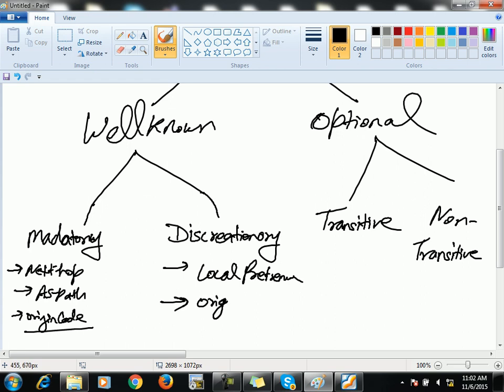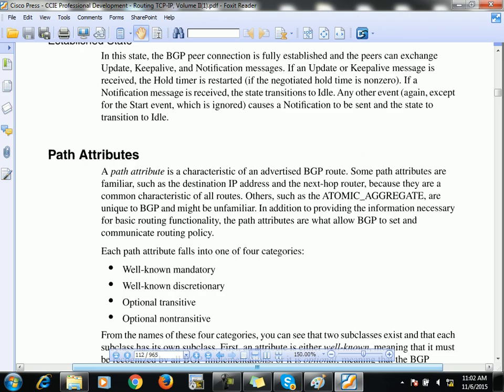Let me check it out, right? Originator ID. I know that you people don't understand this originator ID, but I think that is there. Let me show you.